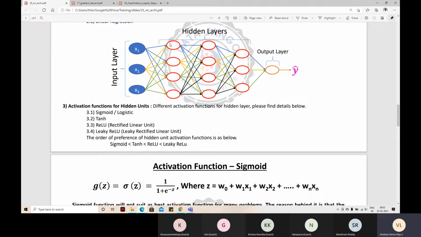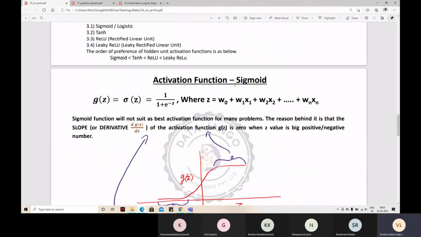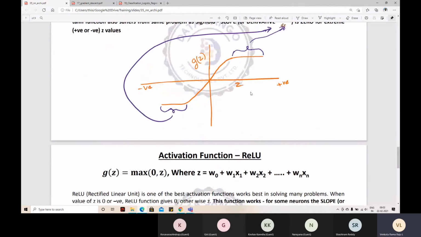If it goes close to one and the random weights chosen are too high, then also the derivative may not get calculated. That way the network will not work better, or the network will not learn. At some point in time it stops, even though it did not reach the global minima, the network will stop learning. So those are the problems with sigmoid and tan h.